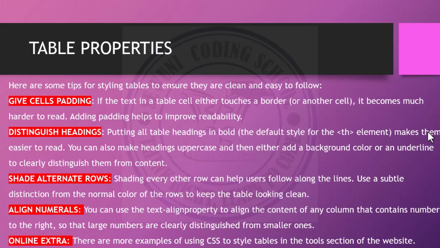We are also going to distinguish headings. Putting all table headings in bold, by using the table header element, makes them easier to read. You can also make headings uppercase and then either add a background color or an underline to clearly distinguish them from the main content.